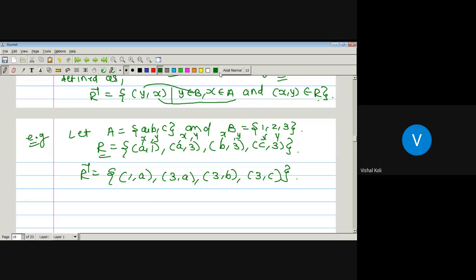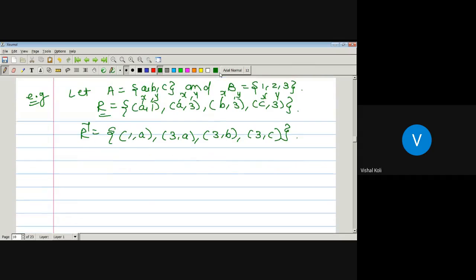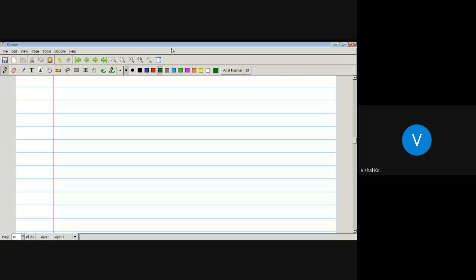Now, next definition: relations in a set. What is a relation in a set?